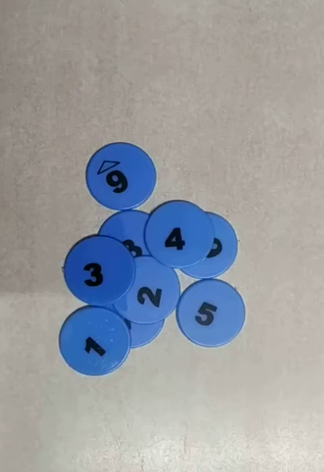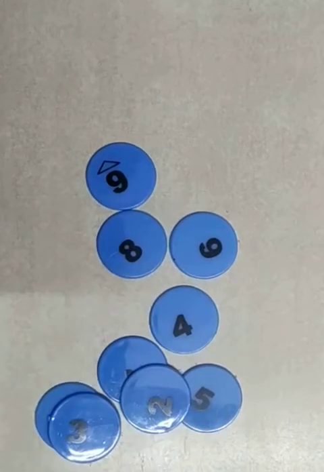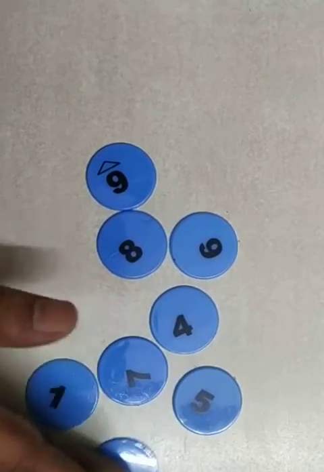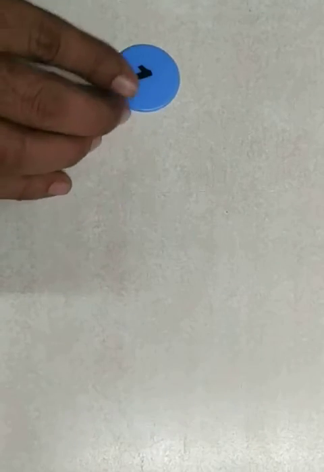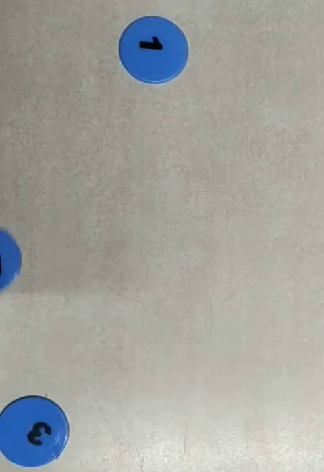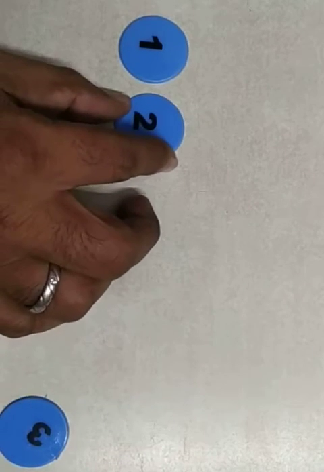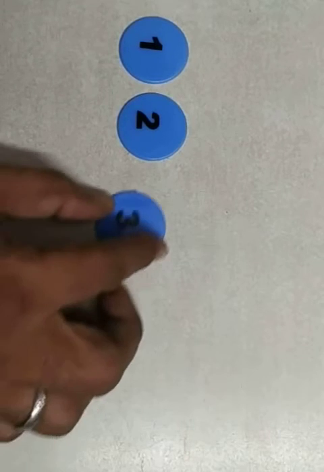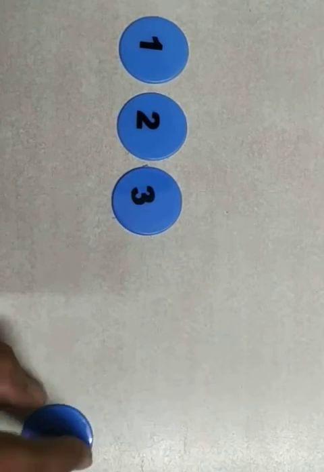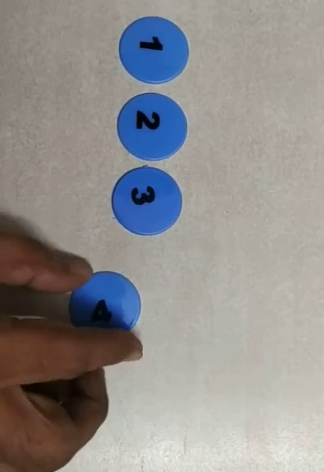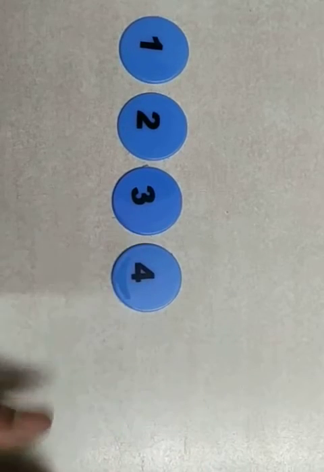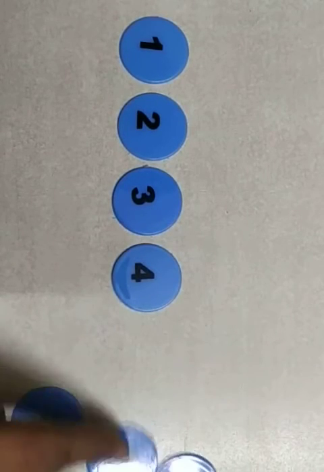Alright, so here some tokens, coins are here. Now let's arrange them in forward order. This is numeral 1, and next is numeral 2. This is numeral 3. This is numeral 4. And this is numeral 5.